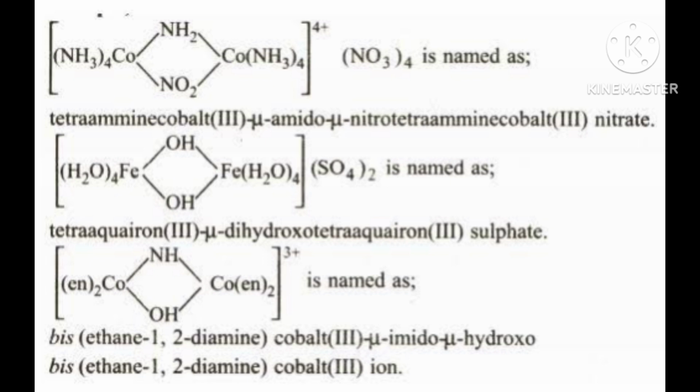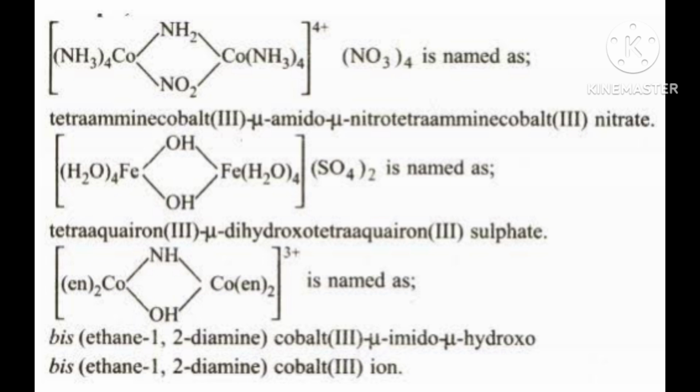Now third rule, name of the anionic ligands. Suppose the cation is also a complex ion and the anion is also a complex ion. Then suppose the anion is a complex ion. Then names of the anionic ligands end in O. Remember it.